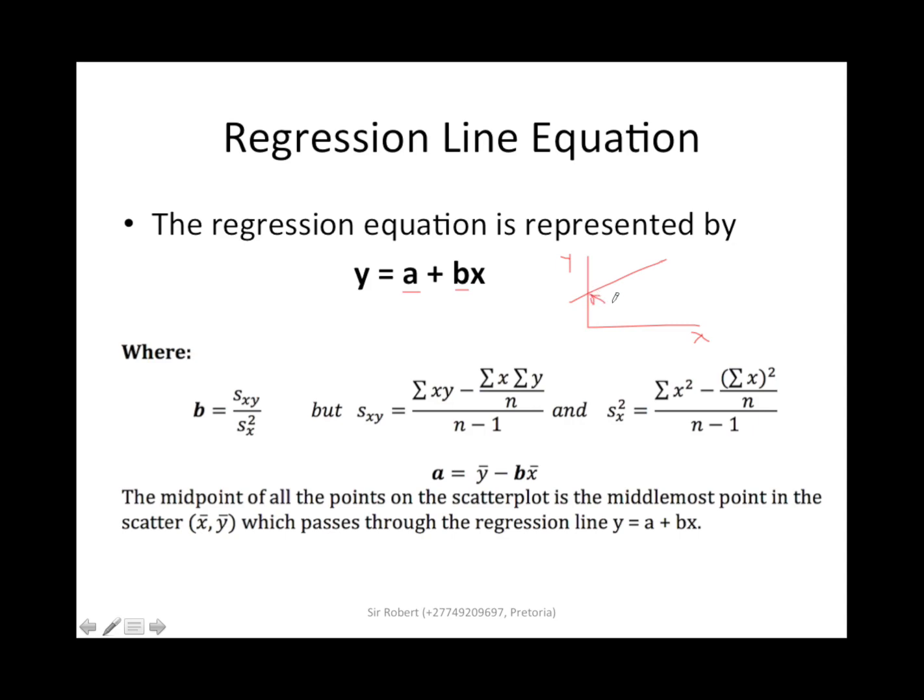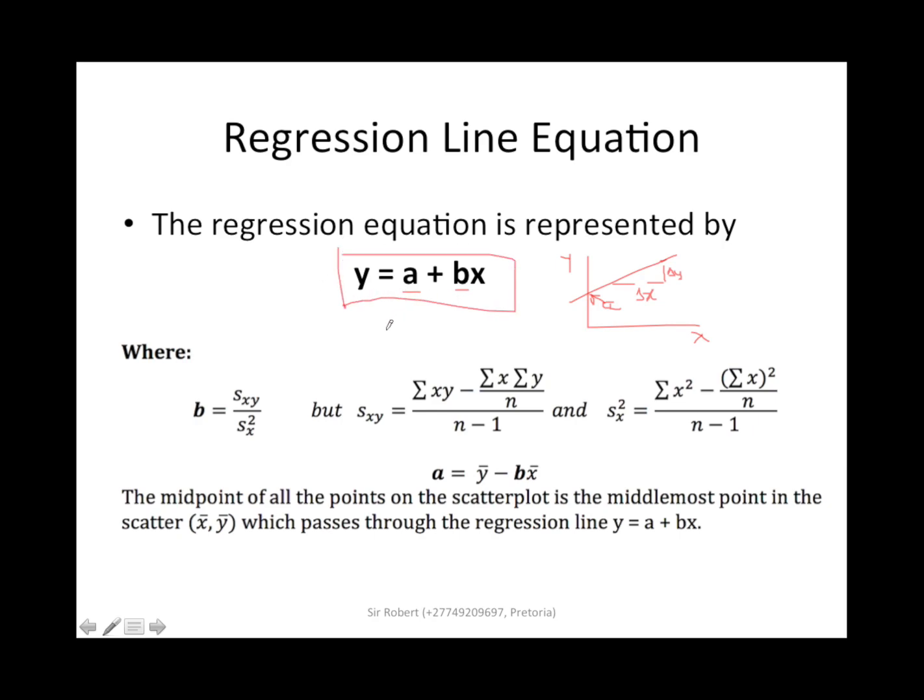So this will be your a, and b is the gradient of the line. Gradient is this distance up, which is your change in y. This is your change in x. Distance from here to there. So this is your gradient. So this is your equation of the line.